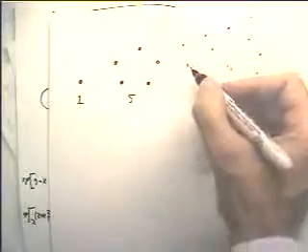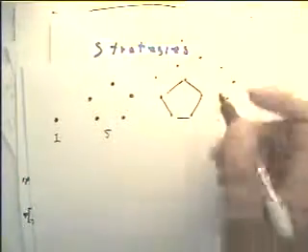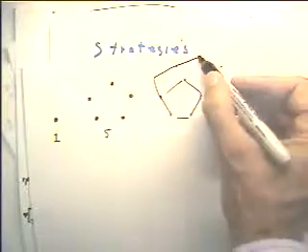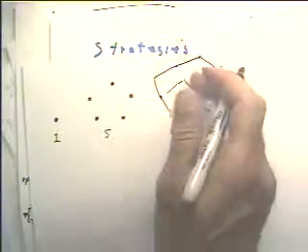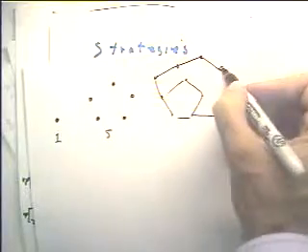Now to construct the next one, we're going to construct a pentagon around a pentagon. So here's our first pentagon, and then we construct a second pentagon here. Then, using the same spacing of points we did in the first pentagon, we locate points all around the second.